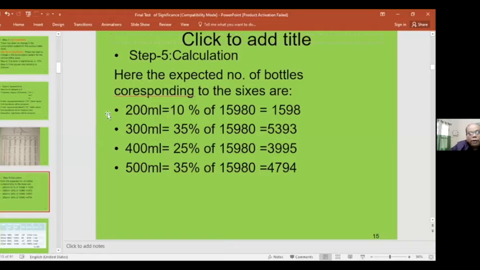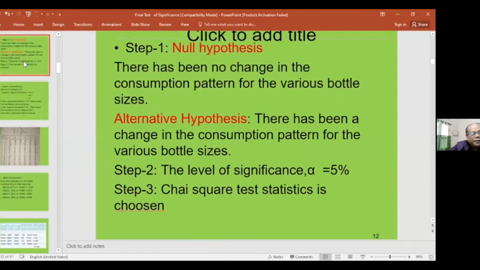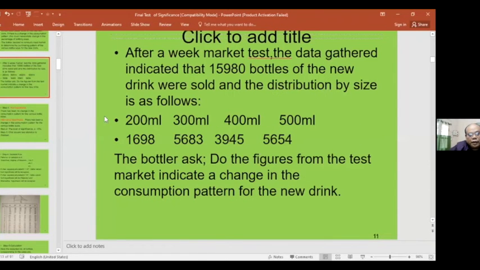So out of 15980, 10% for 200 ml is this much, 35% is this much, and 400 ml this much. The earlier existing pattern was 200 ml at 10%. Even though you are making a trial, the total is 15980 bottles. When you try 200 ml, these are the observed values.